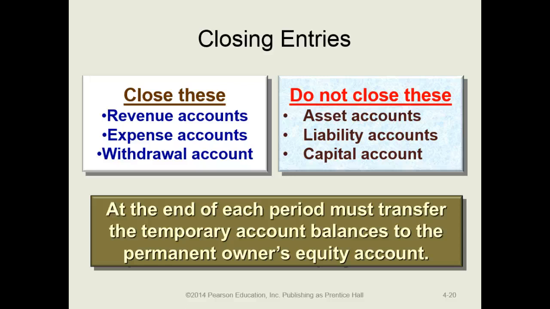Same with expenses. Then the only other non-income statement account that we have to close are the withdrawals by the owners. For example, if the owners withdrew $50,000, we don't want to start the next year with that same $50,000 because we want to measure withdrawals over a 1-year period.